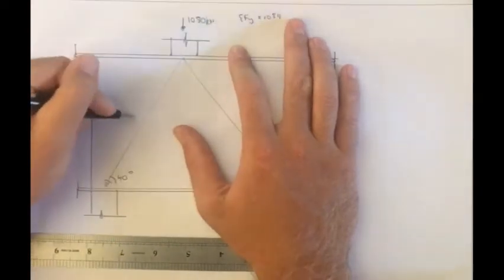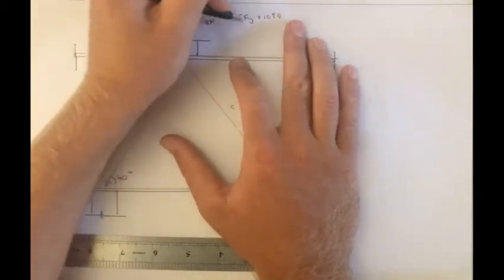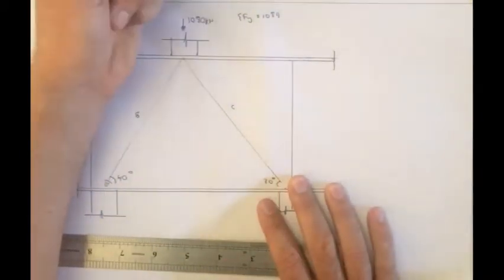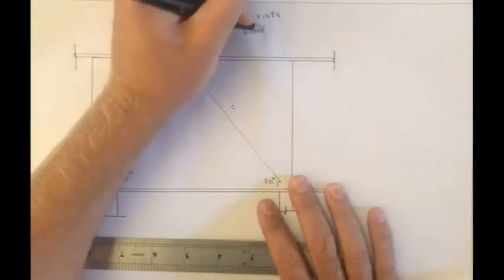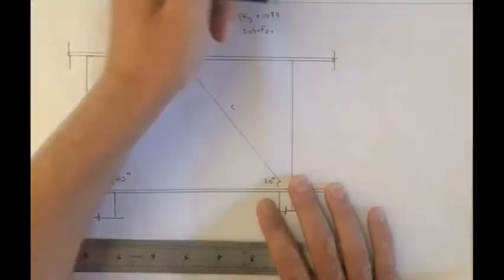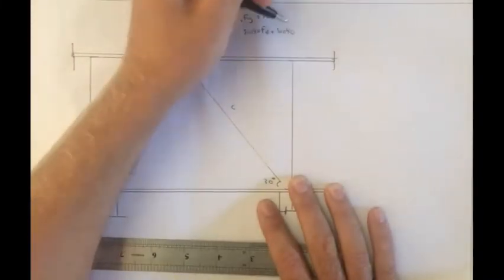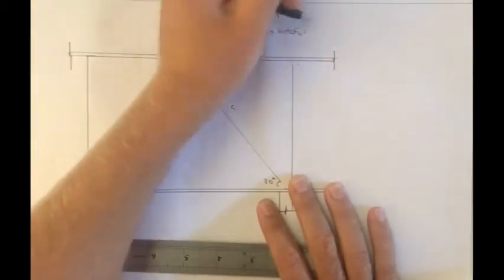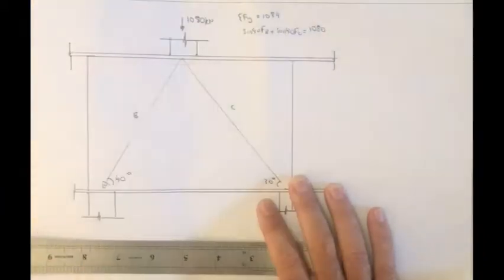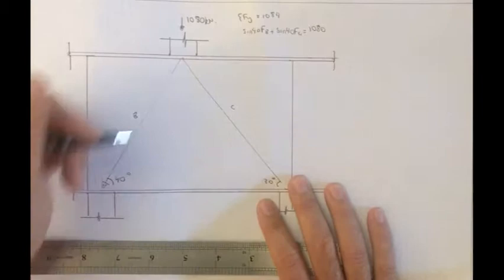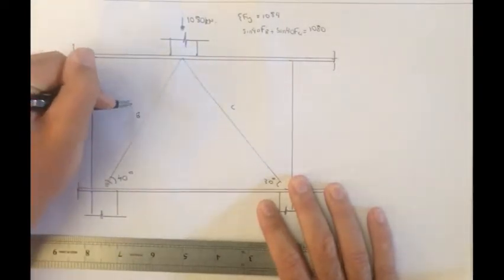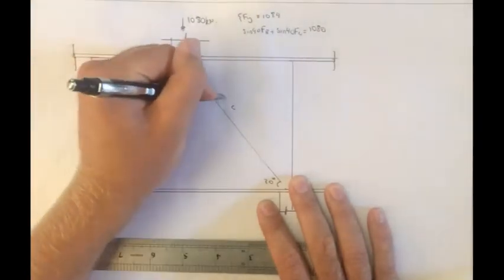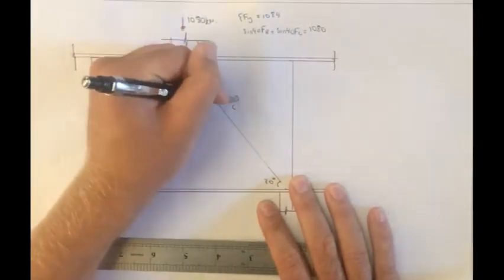We'll call that strut B, we'll call that C. So sine 40 FB plus sine 30 FC equals 1,080. What we end up with is this strut force being 1,000 kilonewtons, and this strut force equals 884 kilonewtons.